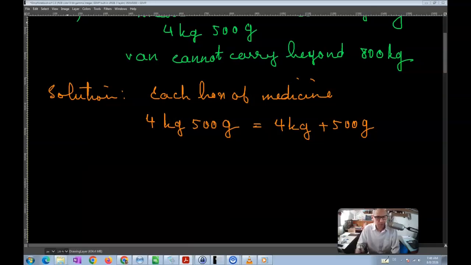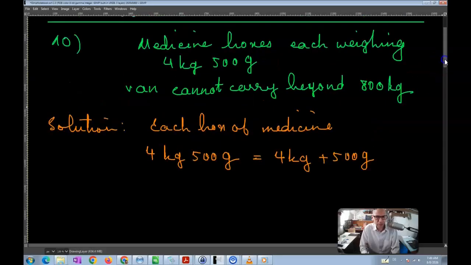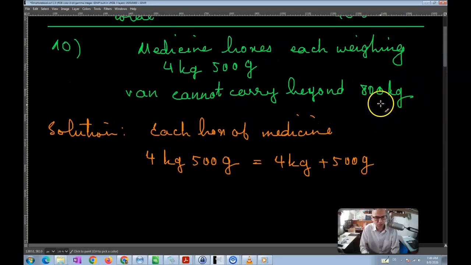So this means that each box of medicine weighs 4 kilograms, 500 grams, which means 4 kilograms plus 500 grams. And the van cannot carry beyond 800 kilograms. So how many boxes of medicine can we carry in this van, right?